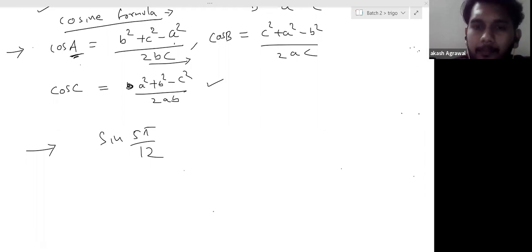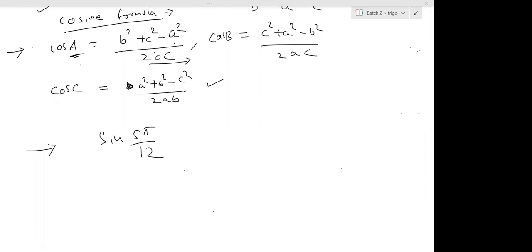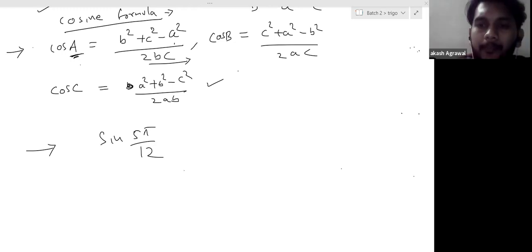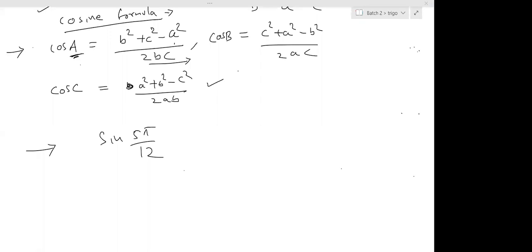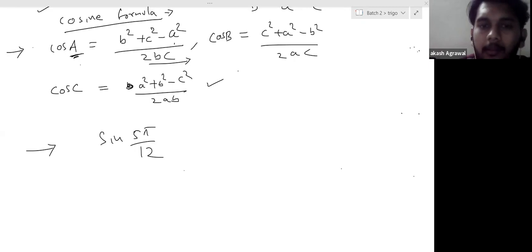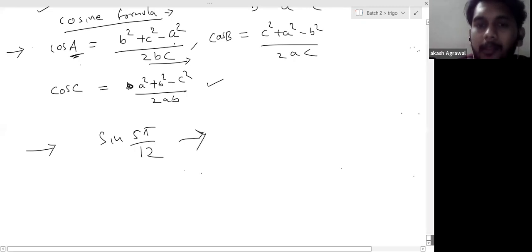We can split it into pi by 12 plus 4 pi by 12. Minus or plus? Plus. Plus, right. And then you can use sine A plus B as reminded.